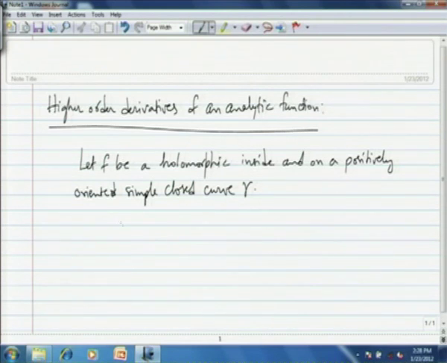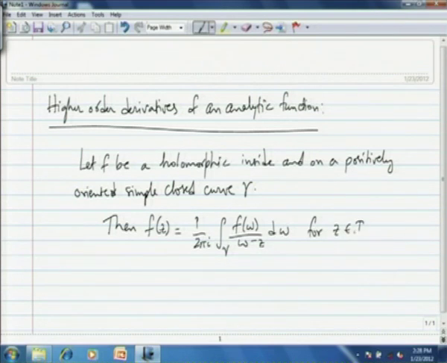So, then the conclusion is that f of z is, well, this we know from Cauchy's integral formula. Okay. So, that f of z is 1 by 2 pi i integral over gamma f of w by w minus z dw, for z belonging to I of gamma, the interior of the simple closed curve gamma.